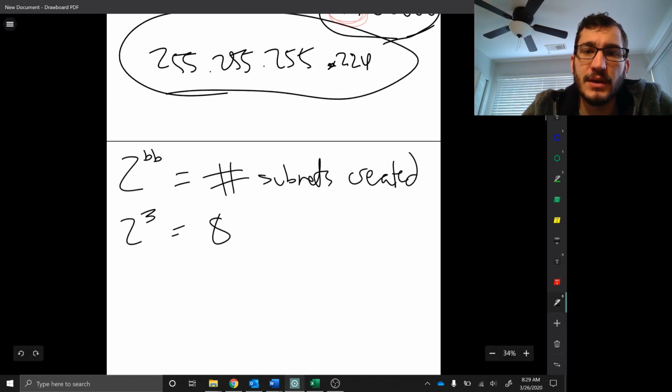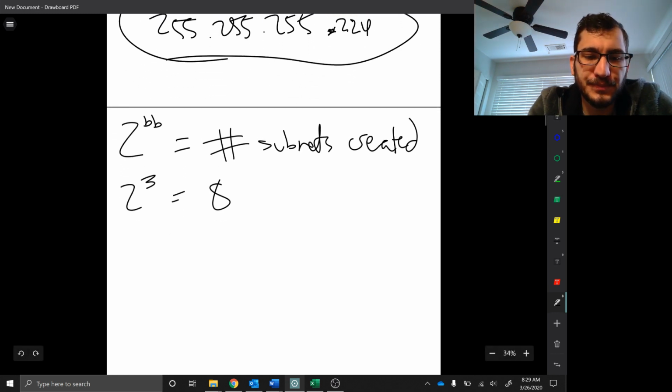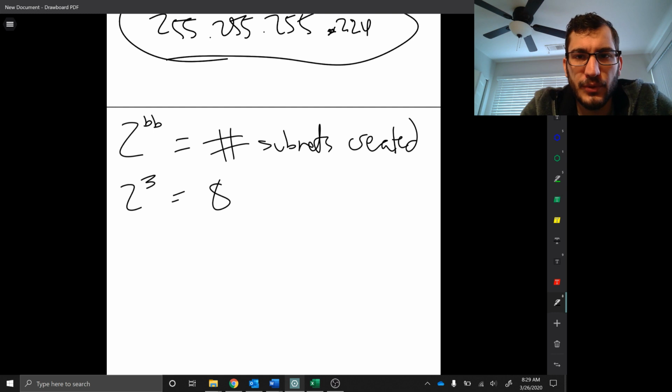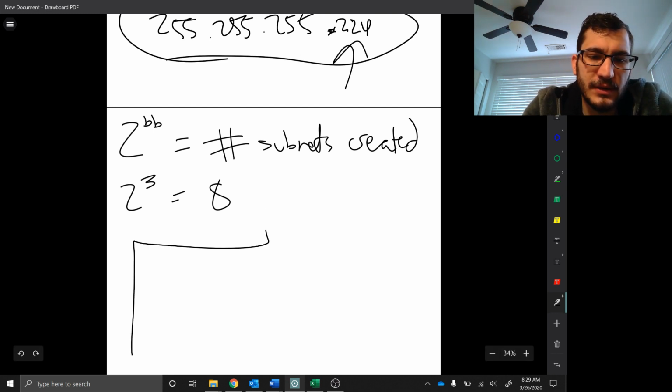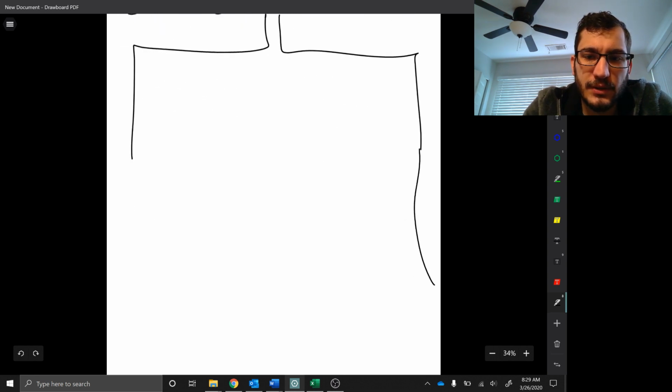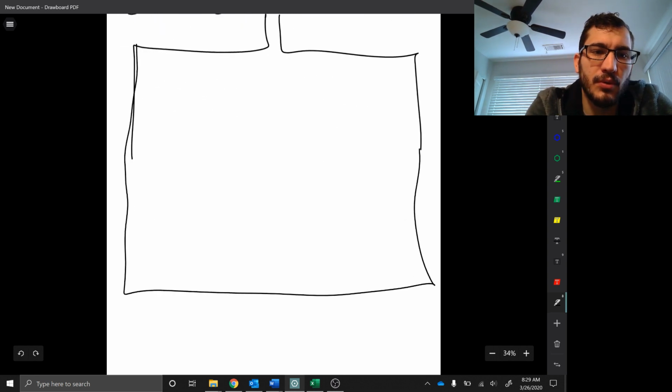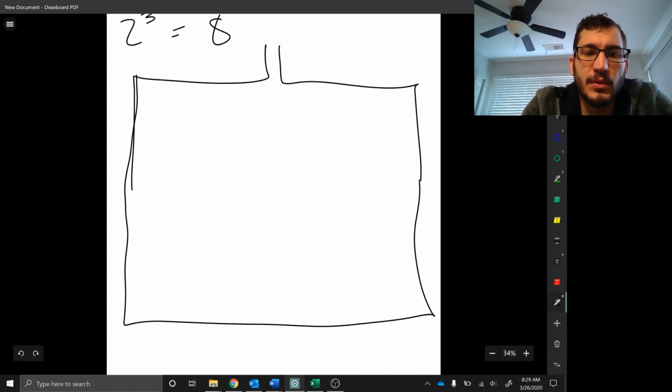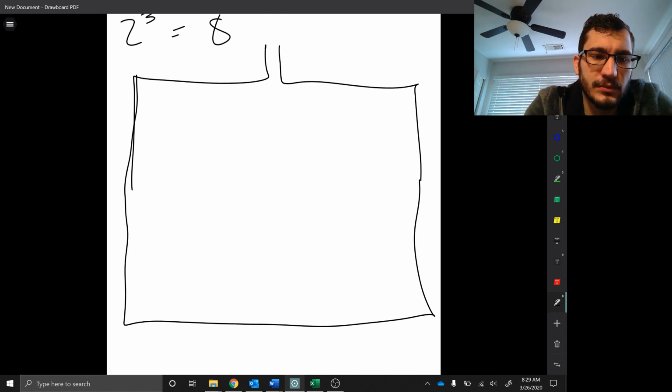So let's say we're doing the school's network and we're using this subnet mask here. Pretend this is our entire school network. This is a very poorly drawn logical map. And what we're going to do is cut it in half here.